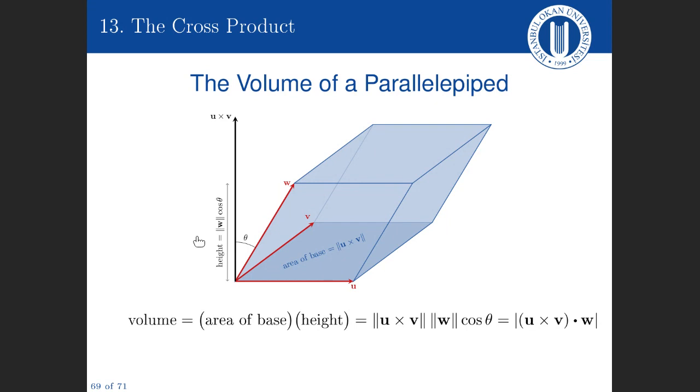For the height of our parallelepiped, we measure the angle theta between u cross v, which is a vertical vector, and w. And then using trigonometry, the height must be norm of w cos theta.